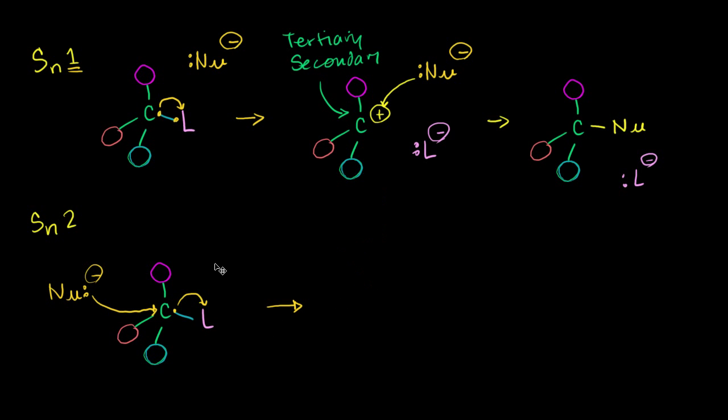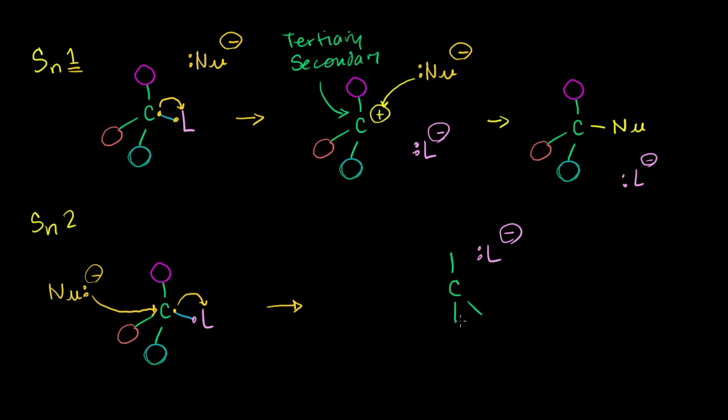Actually, let me just redraw that. So we have our leaving group has left. It's taken the electron that the carbon didn't need anymore. So it now has this electron and that one, and maybe more. And it has a negative charge. And now this carbon is attached to the blue thing, I'll just draw the purple thing, and maybe in back, it's attached to the orange thing.